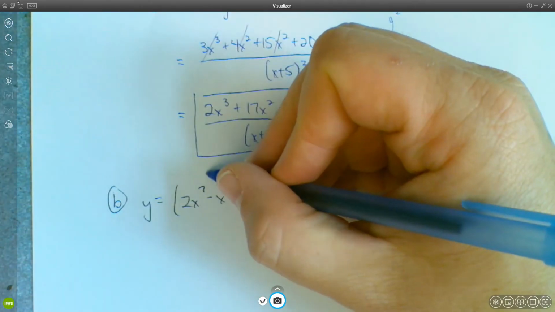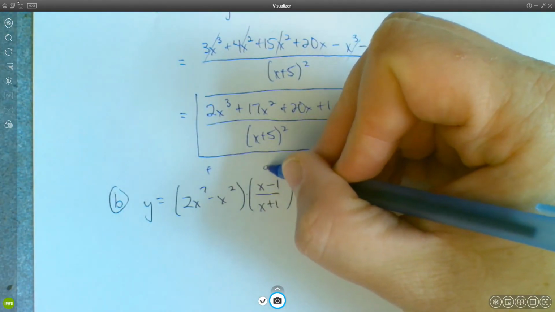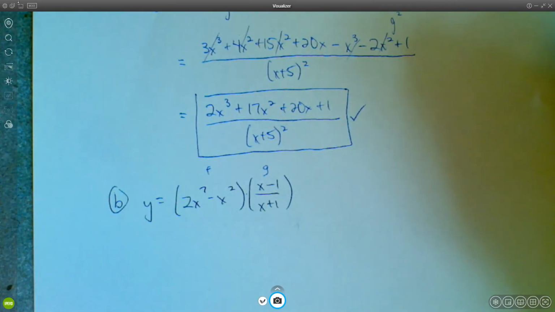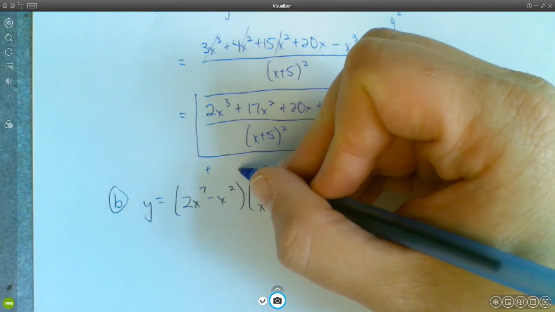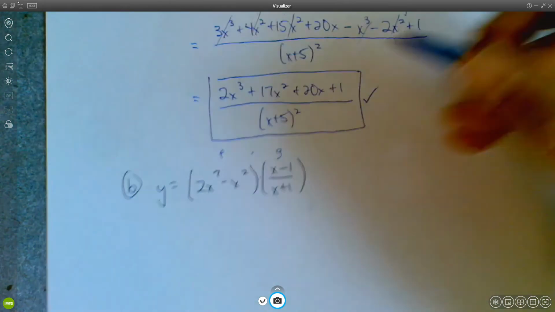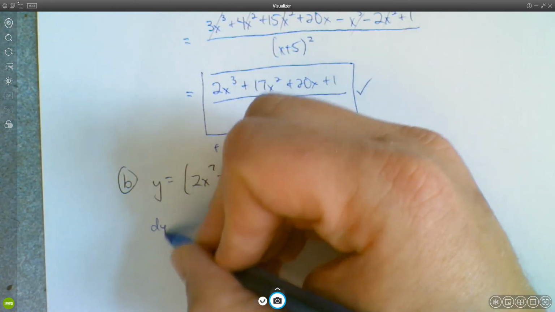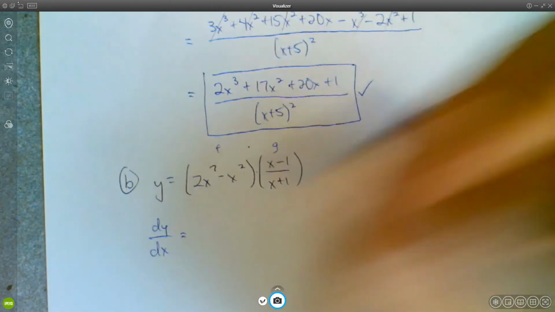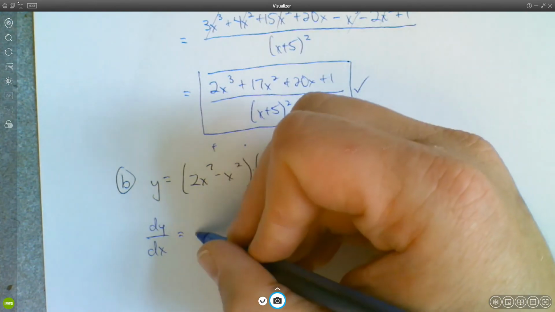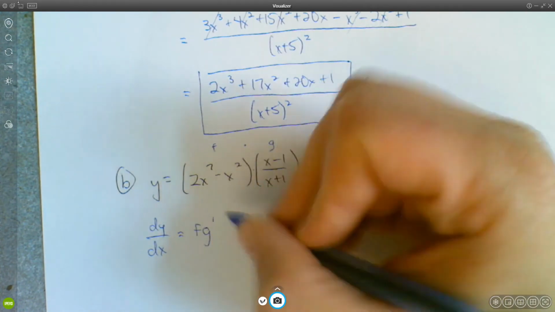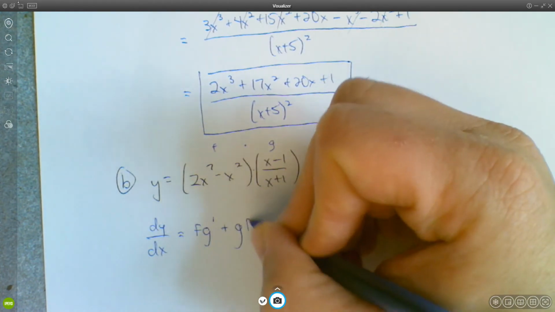So I'm going to think of this as f. I'm going to think of this as g. And what I have here is f times g, so I need to do a product rule. So dy dx is going to be f times g prime plus g times f prime.